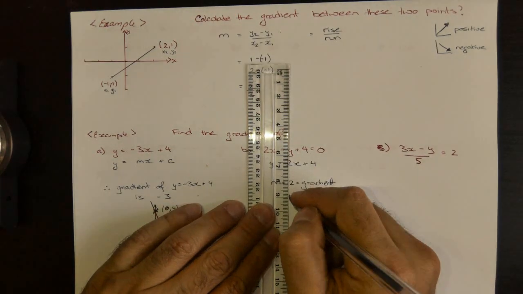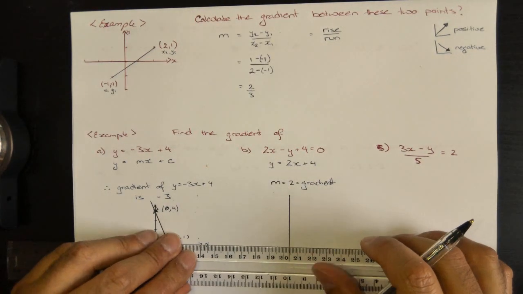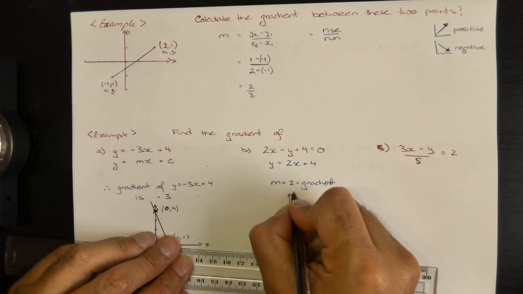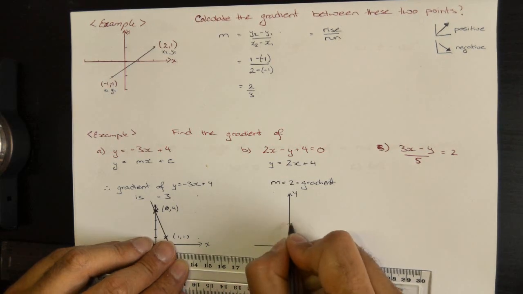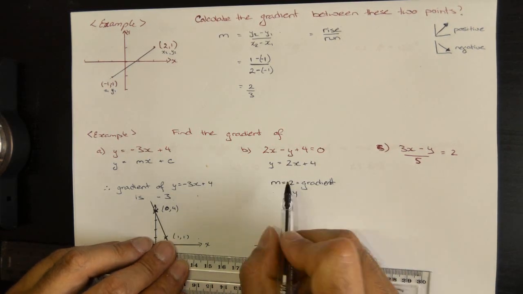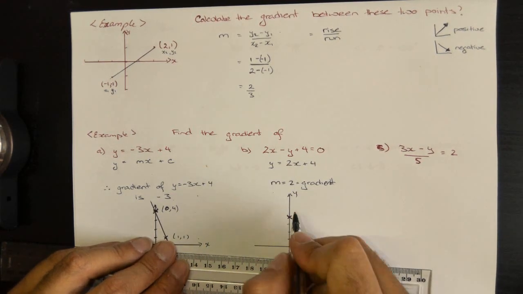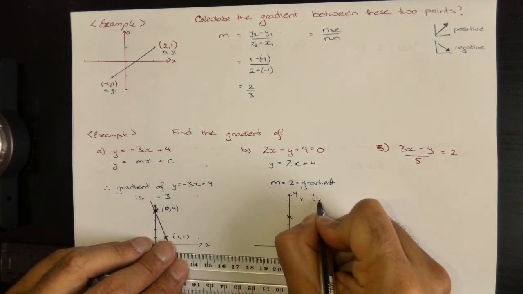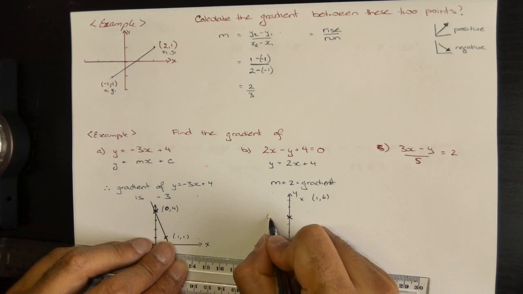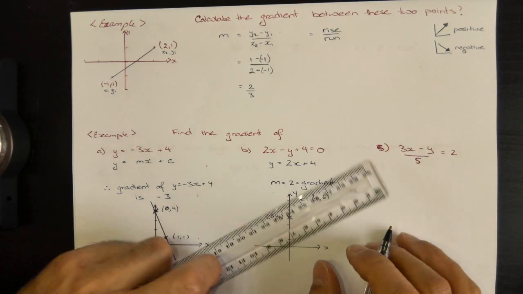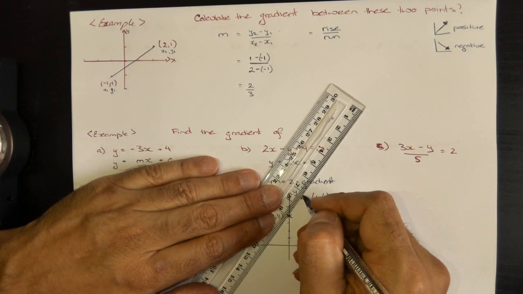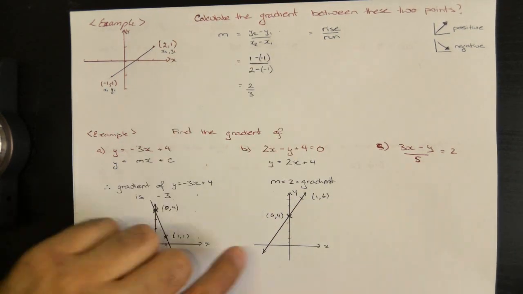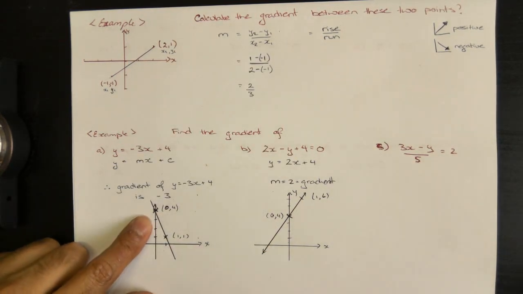We start at 4, your y-intercept. Here I have a positive gradient, so I'm going up 2 and across by 1. So this point would be 1, 6, and this would be 0, 4. Join the dots, and we get a positive gradient, whereas the previous one had a negative gradient.